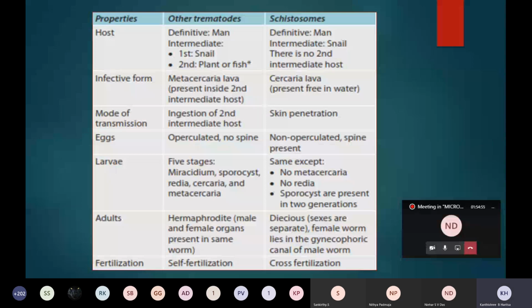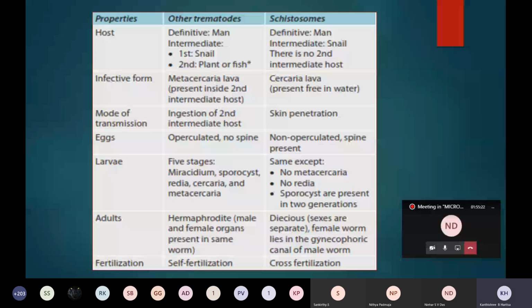In schistosomes, the definitive host is man, the intermediate host is snail. There is no second intermediate host. Infective form in other trematodes is Metacercaria larva, which is present in the second intermediate host. But in schistosomes, the infective form is Cercaria larva, which is present free in the water.